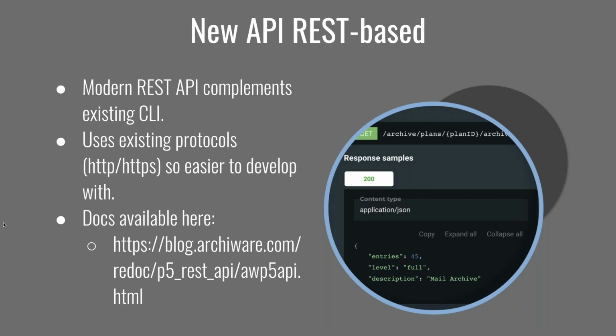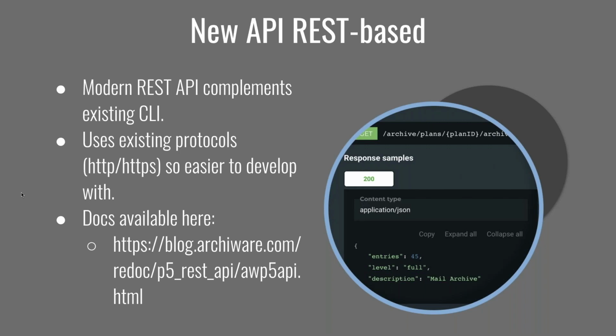With REST, you do not need this any longer. You can communicate directly from a browser with the P5 server. This gives the developer much more possibility to choose the right programming environment for their coding. It is much more flexible than the old CLI was.